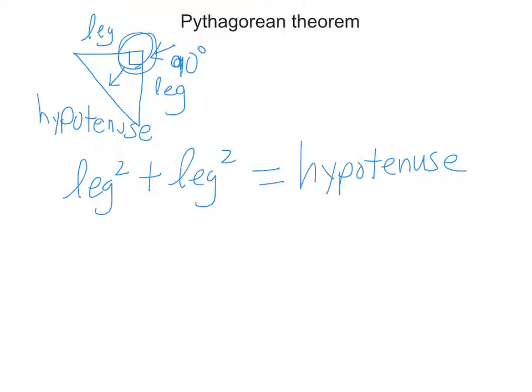A lot of math books and a lot of math teachers teach it using A, B, and C. I really don't like using A, B, and C. It doesn't emphasize the fact that it's the hypotenuse that has to be the C value. A lot of kids that I've taught in the past don't get that when they're taught A squared plus B squared equals C squared. They don't know which side goes where.